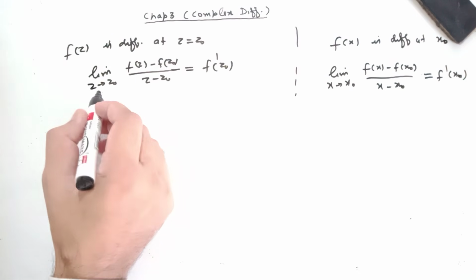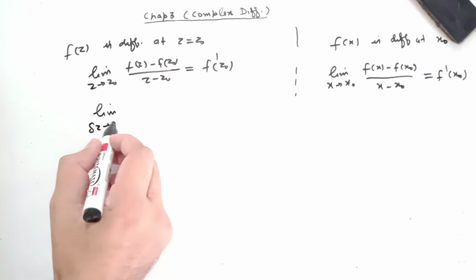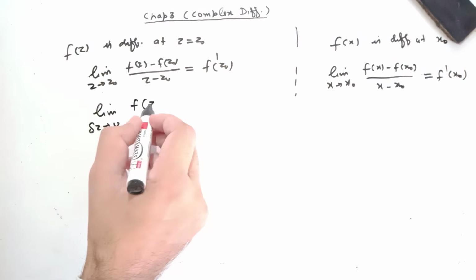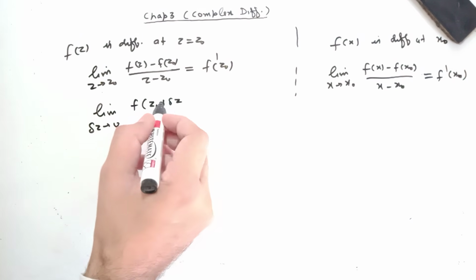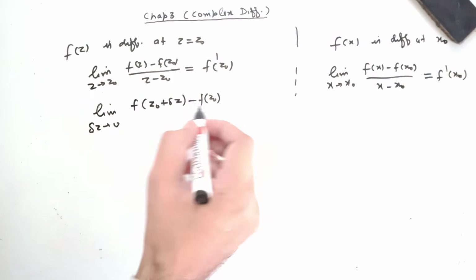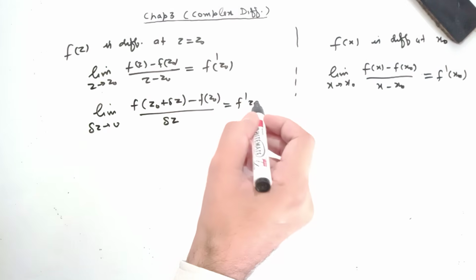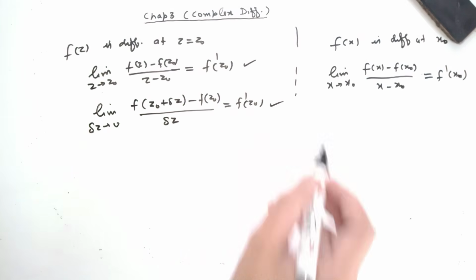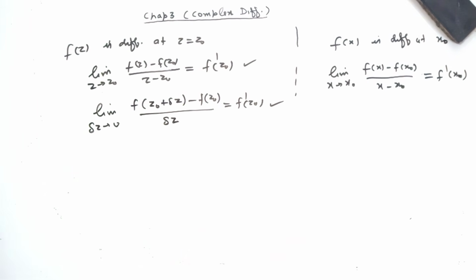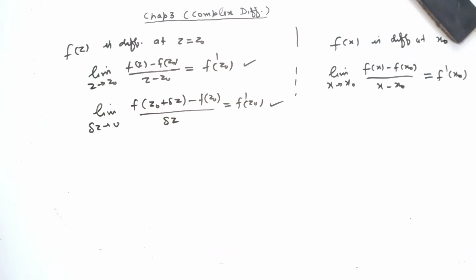You can also write this limit like this: delta z going to 0, (f(z0 plus delta z) minus f(z0)) over delta z. Both are the same. I have substituted z equal to z0 plus delta z.